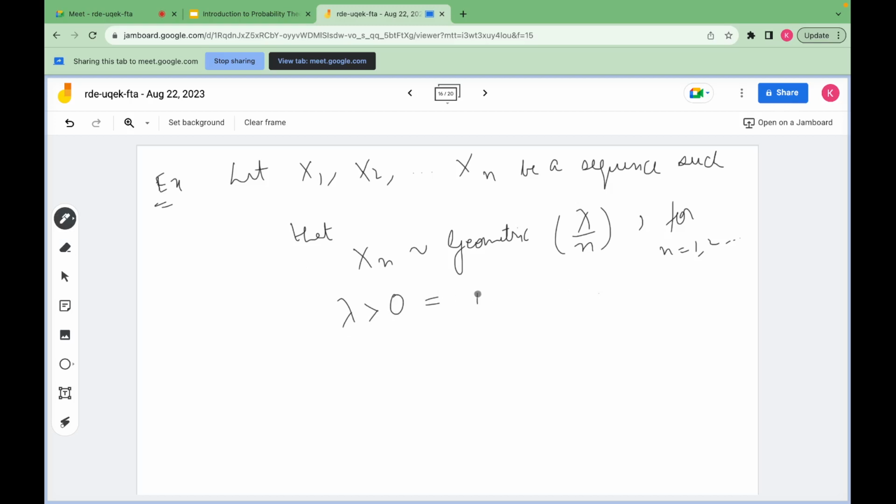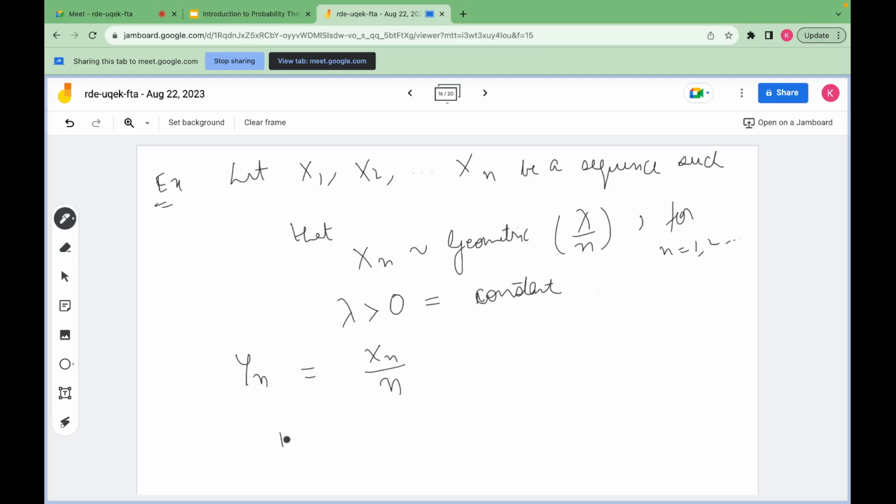Okay, it is a constant. Lambda is a constant value. Okay, so now we will define a new sequence yn such that yn is equal to xn upon n.